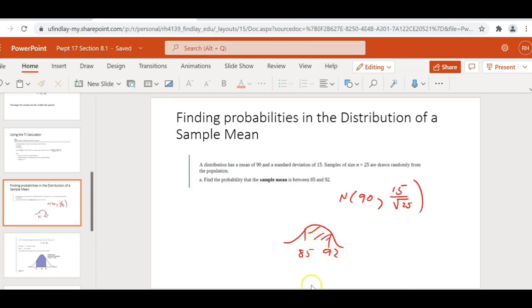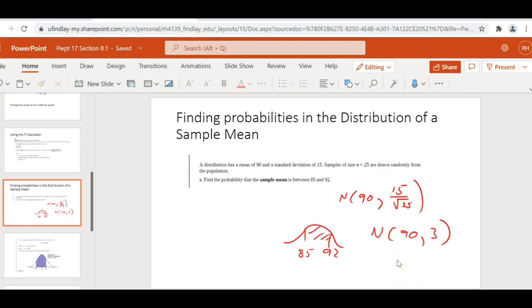This is the region you want, but your curve is now a sampling curve, so you're not going to use the mean of 90 and the standard deviation of 15. You're going to use a mean of 90, and a standard deviation of 15 divided by the square root of 25, which is 3. Just crunch this. Now the sampling distribution has this as its mean and standard deviation.